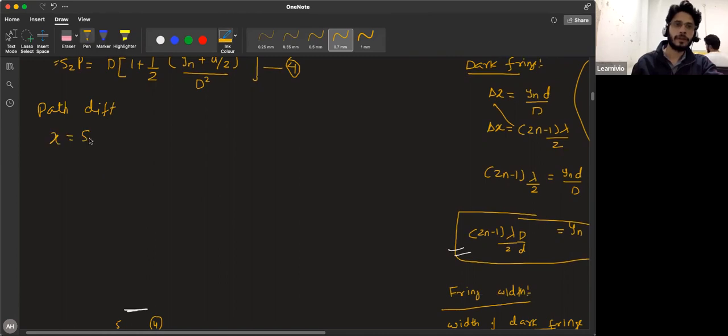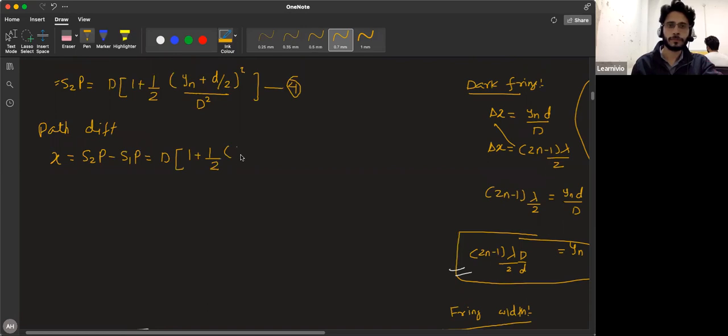This x is S2P minus S1P. S2P is D times 1 plus 1 by 2 (Yn plus d by 2) whole square divided by D square, minus D times 1 plus 1 by 2 (Yn minus d by 2) whole square divided by D square.